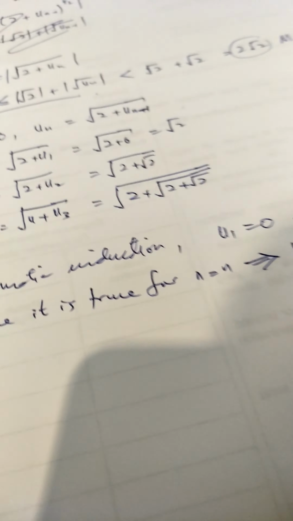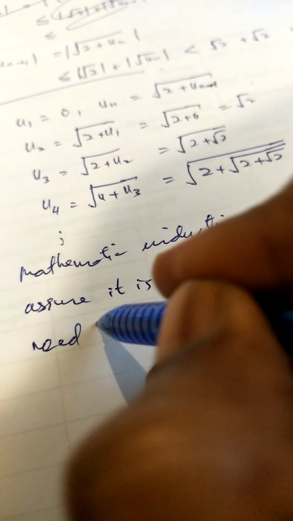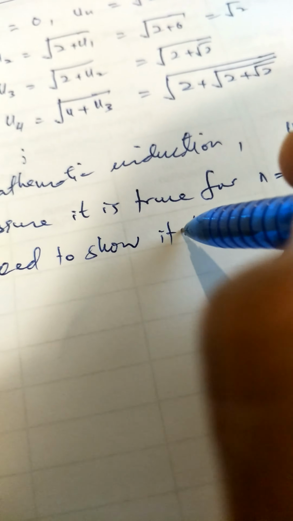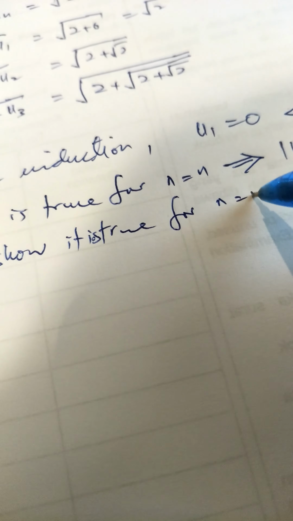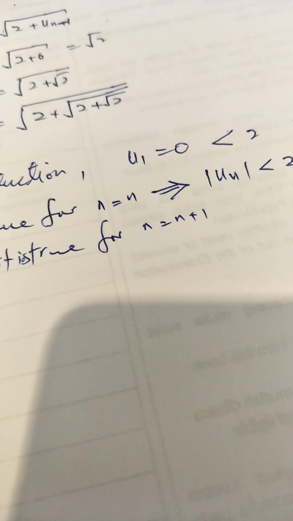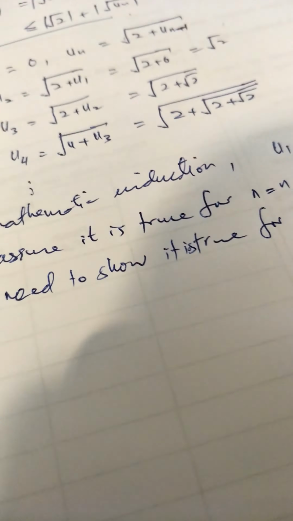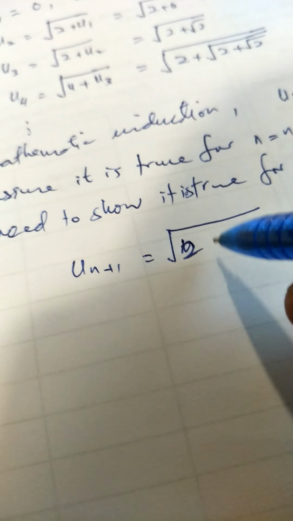Now we assume it is true for un, and then we need to show it is true for n equal to n plus 1. If you can show it's true for n plus 1, it means it's true for all cases. So for n plus 1, we have un plus 1, which is the square root of 2 plus un.